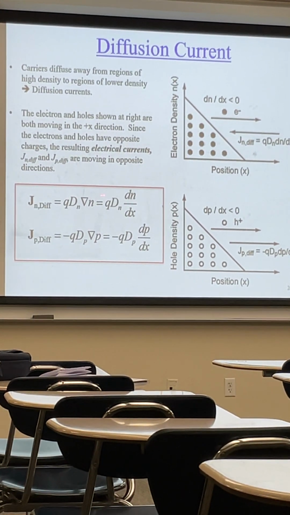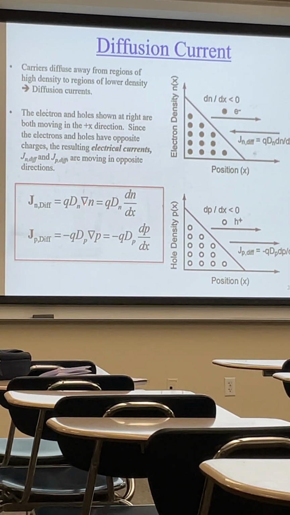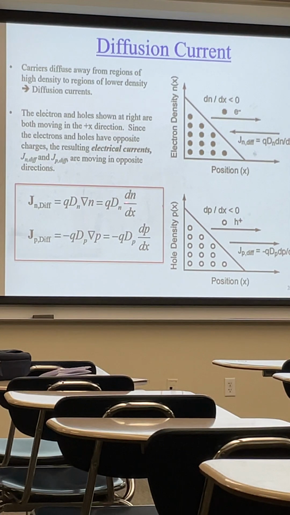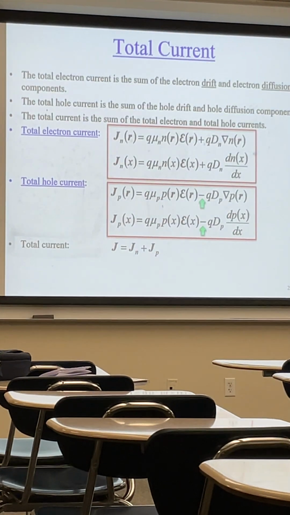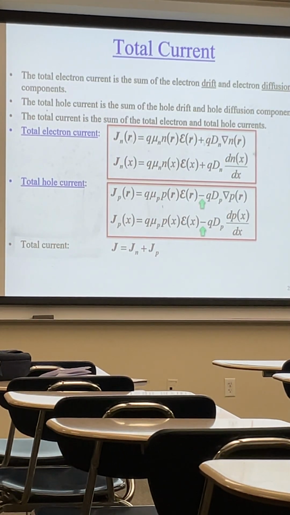These are the two expressions we derived. And again, if we only consider the 1D case, the gradient in n can be replaced by dn over dx. So that's the diffusion current.